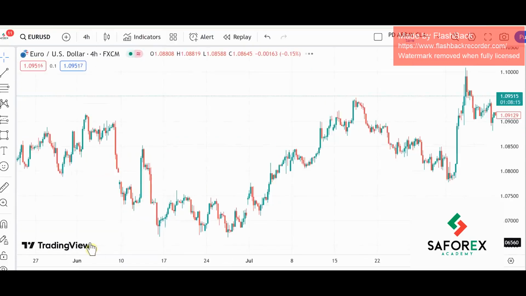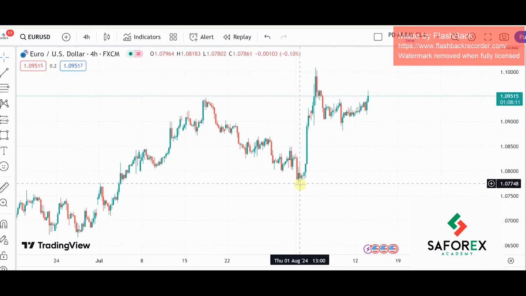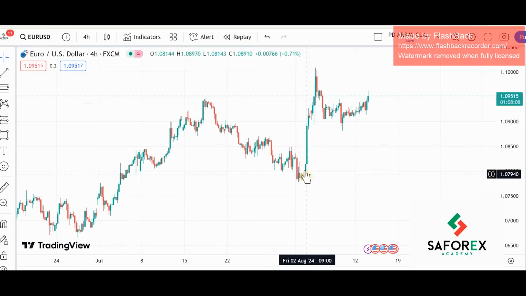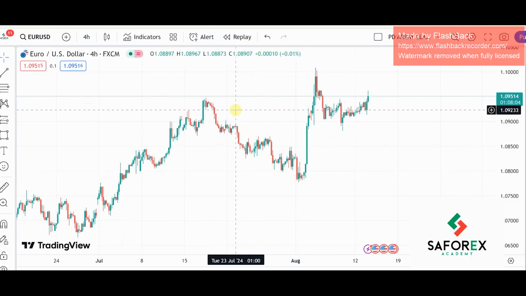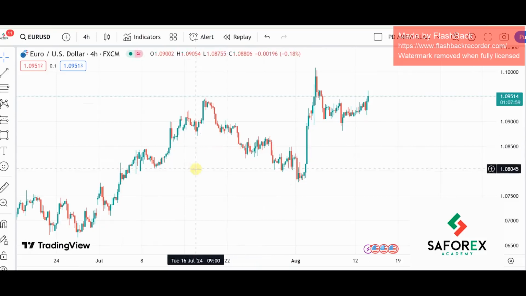If I identify my order block on the 4 hour time frame, I want to get my entry on the 1 hour time frame.